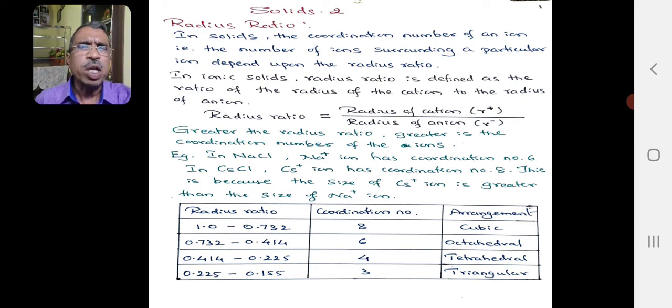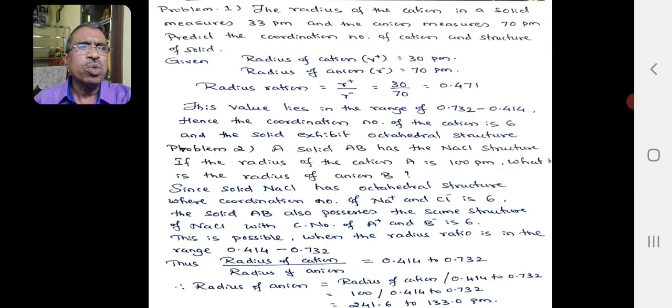Students, you must remember these radius ratios and also the coordination number and the structure of the unit cell. Based on this, let us solve some problems. The problems are most important from the examination point of view.